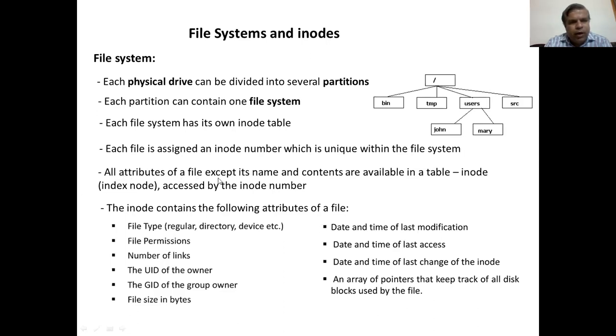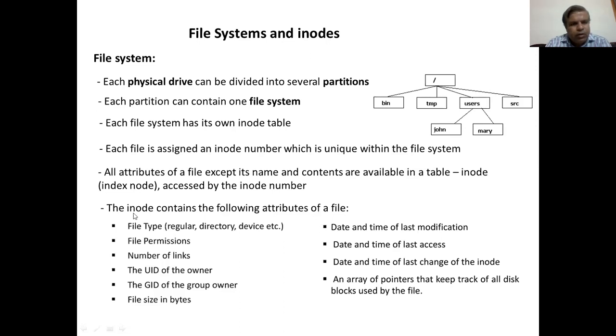All attributes of a file except its name and contents are available in a table, the inode, accessed by the inode number. So the inode number points to the inode. Information of a file can be accessed through this inode number. What is an inode?